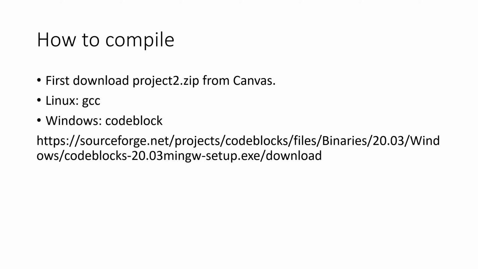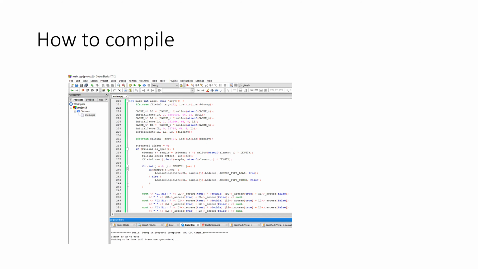I assume you download this IDE from this link. Of course, this is free. The IDE includes a C and C++ compiler. After you download it, install it, and open it, it looks something like this.